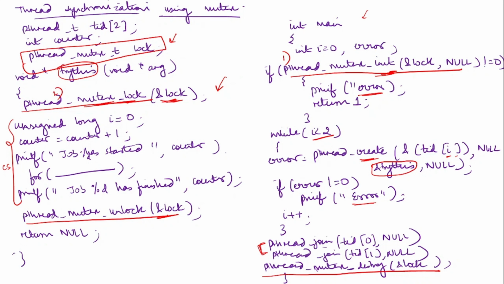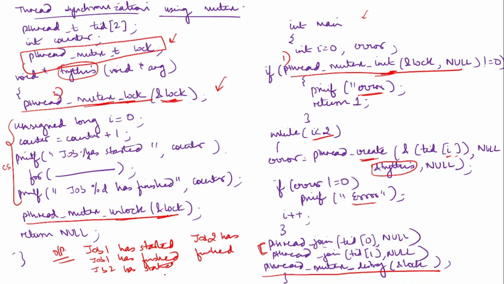So the second thread also executes it, then the lock is unlocked again, and finally you get the output as: job 1 has started, job 1 has finished, job 2 has started, and job 2 has finished. So this is the output.